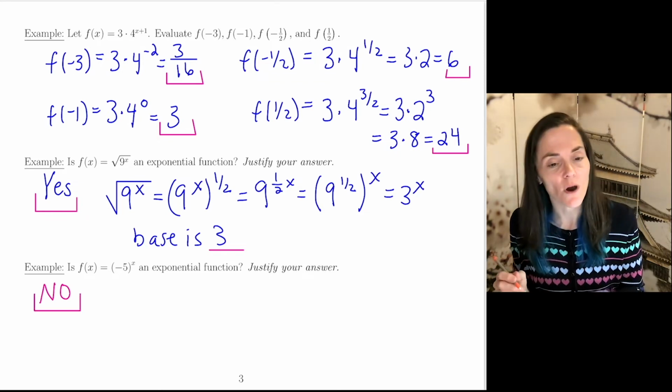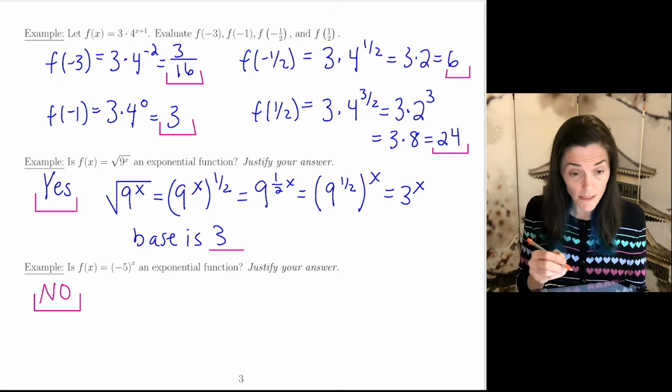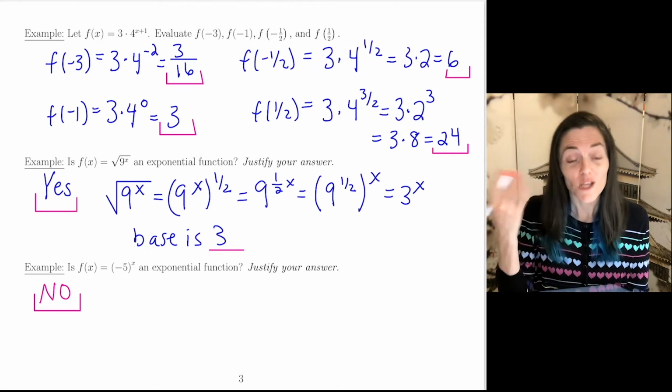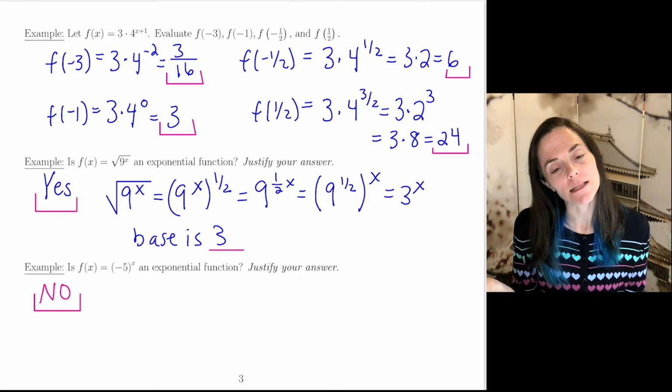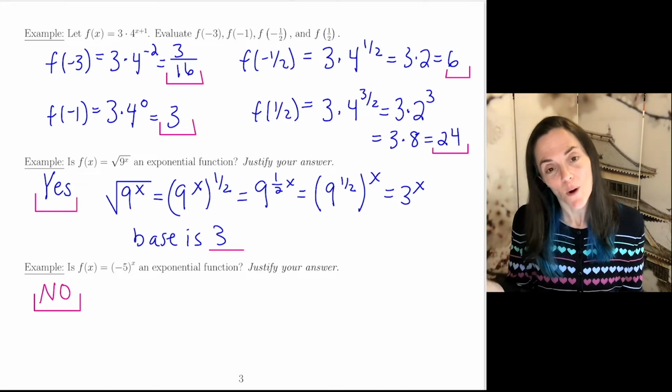The reason this is no, well, think about this. A short answer is -5 is not a positive number, but there's more we can say.